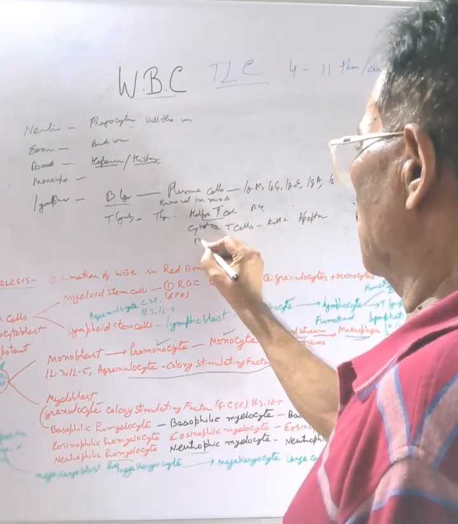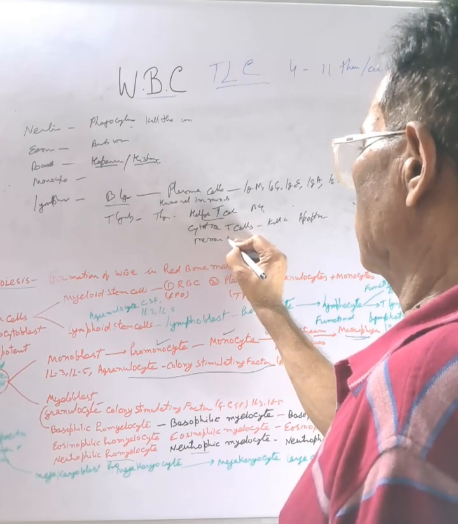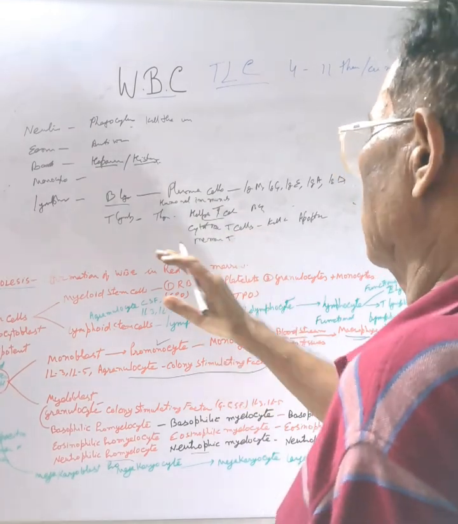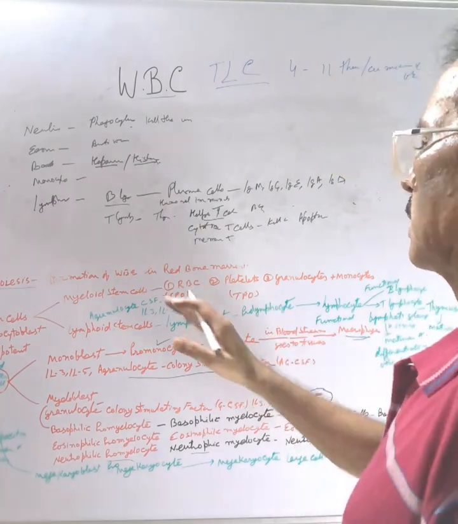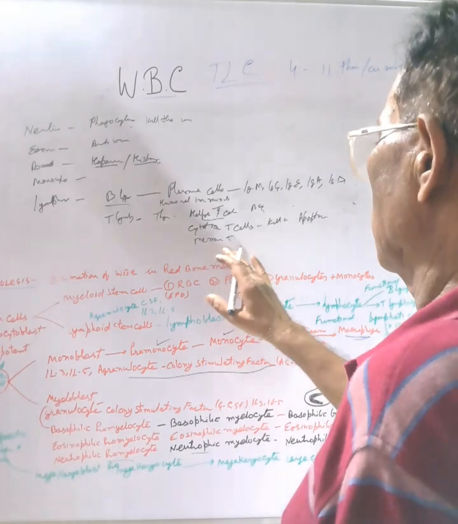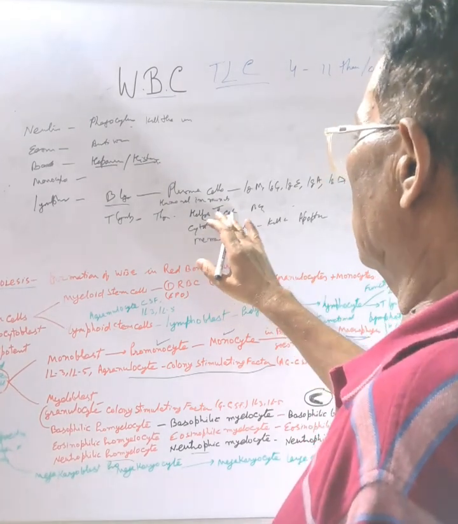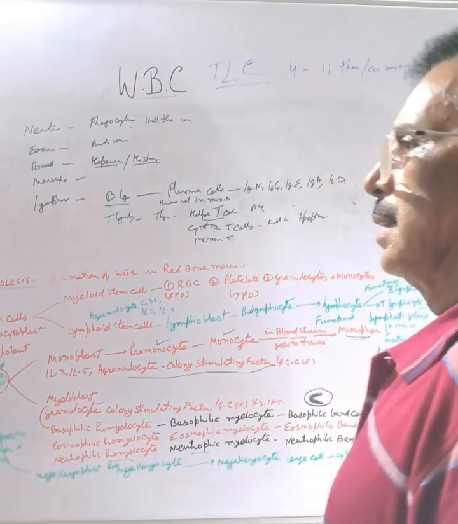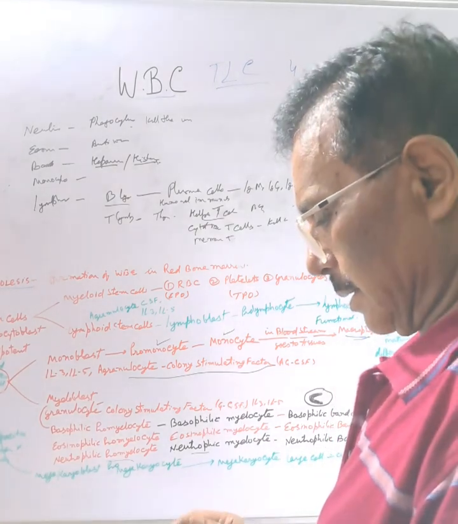Other types are memory T cells. T lymphocytes are modified into different types of T cells: helper T cells, cytotoxic T cells, memory T cells, suppressor T cells, etc.